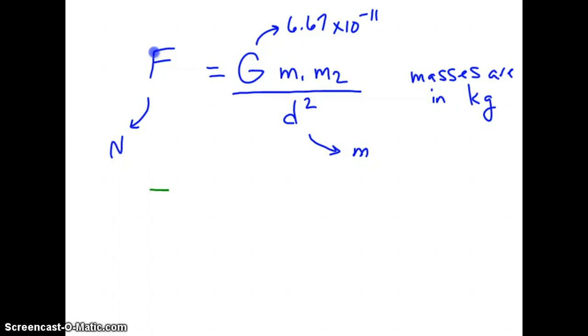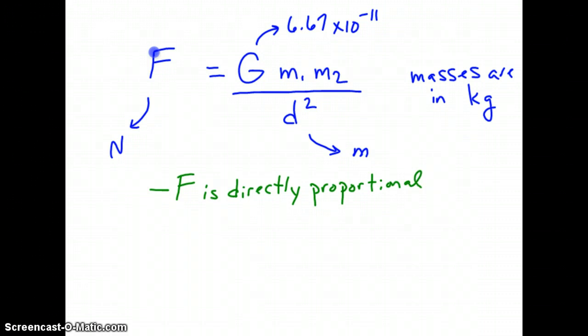So we could say that force is directly proportional to the masses. In fact, the attractive force is usually only large enough to be noticeable or significant when one of the masses is very large, say the size of the planet Earth.